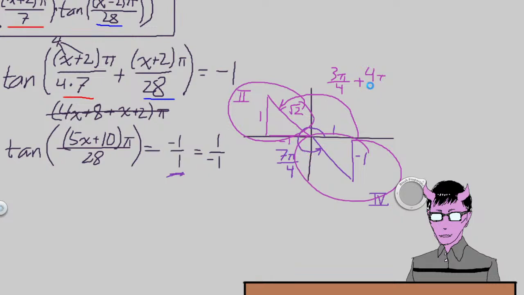So we don't need to put 2 pi k, because if we do 2 pi k, that will take us from quadrant 2 back to quadrant 2. But we can simply travel to quadrant 4 to get to this triangle as well. So for every single pi that we add, which is just half circle, we can go from quadrant number 2 to quadrant number 4. And if we add one more pi, it'll take us back to this one.